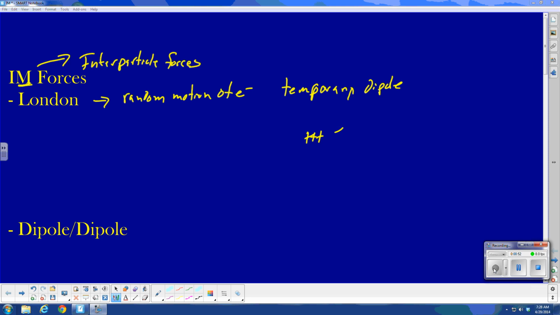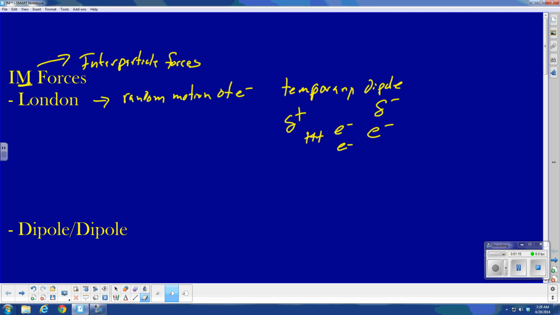And we usually will think of the electrons being spread out somehow, right? But it's possible that these electrons, by random motion, end up all on the same side. So what does that make for my molecule? That makes this side partially negative and this side partially positive, and so that's how we can get a dipole formed.